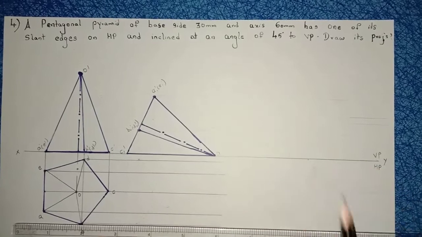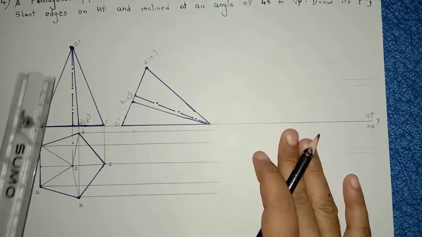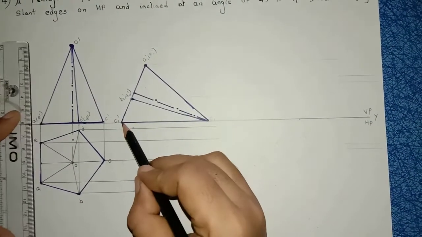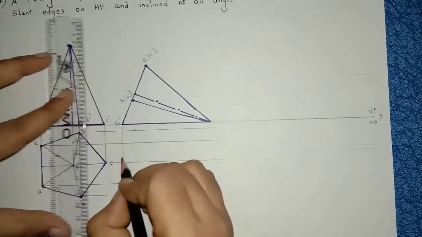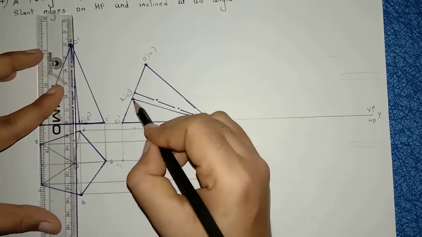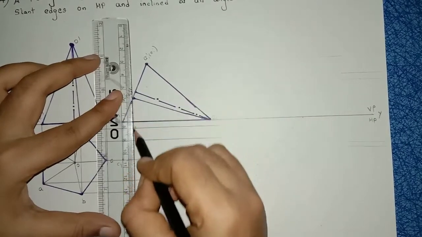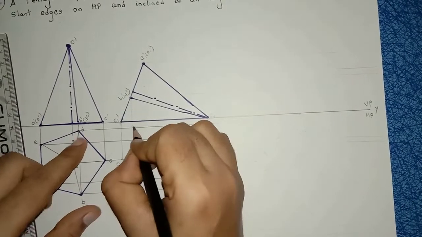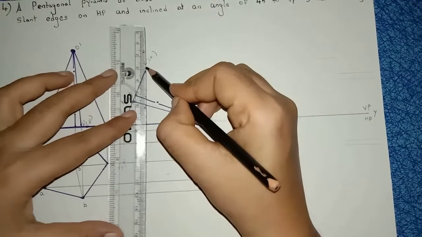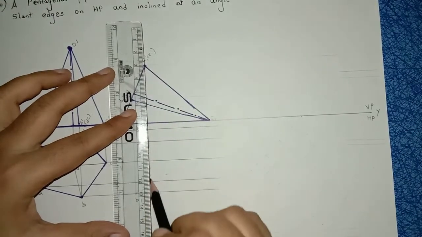Right, from every point draw the projectional lines of any length. Now from C to C, same process, project the lines from C to C. Name it as this point is C1, B1, D1. Draw the projectional line. This point is B, name it as B1. This point is D, name it as D1. Then next A1, E1. Draw the projectional lines.